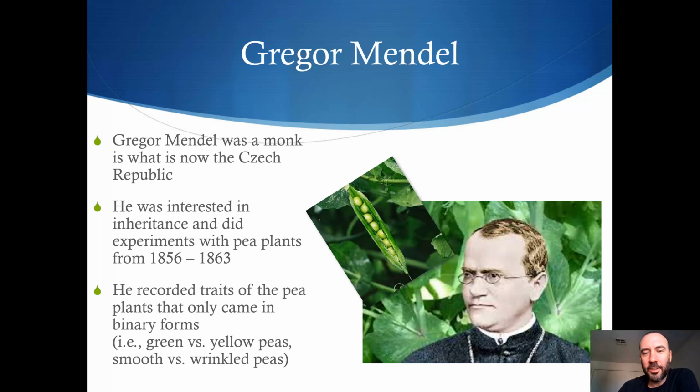There are not the ethical concerns that there are with humans, and they have many traits that seem to be binary. So where there's sort of one option or another option. So, for example, green-colored peas versus yellow-colored peas, smooth-coated peas versus wrinkly-coated peas, and so on and so forth.